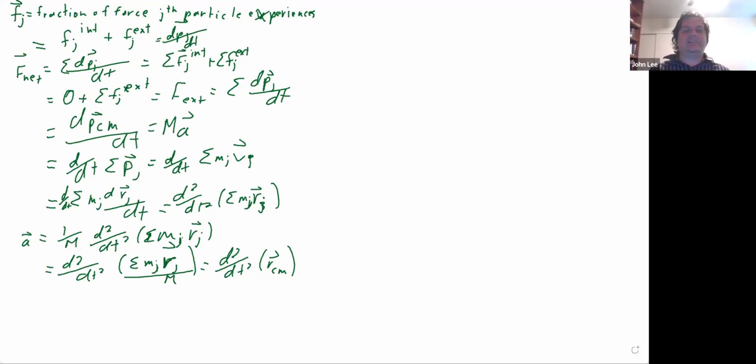So another thing to note is that the center of mass doesn't have to be a particle. It can just be the center of wherever the masses are held.